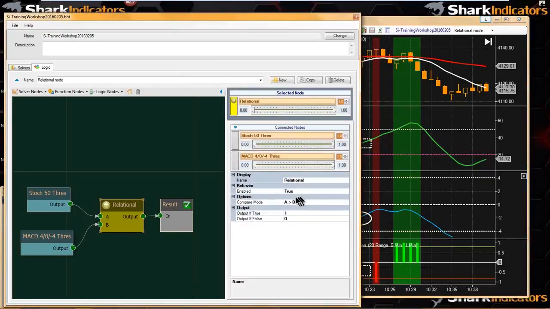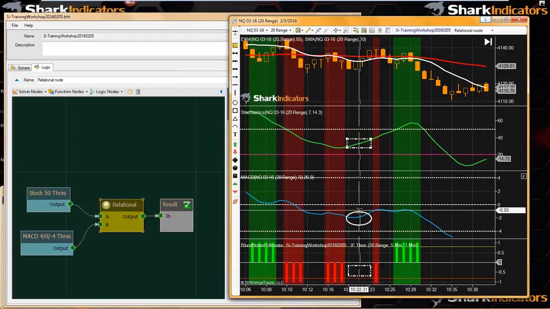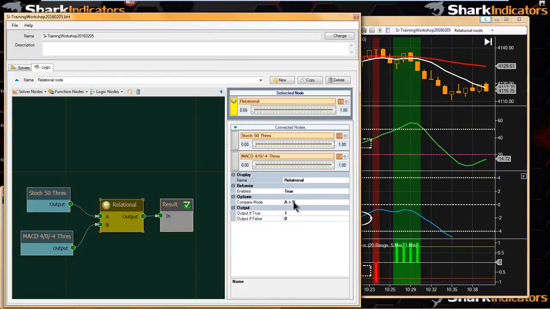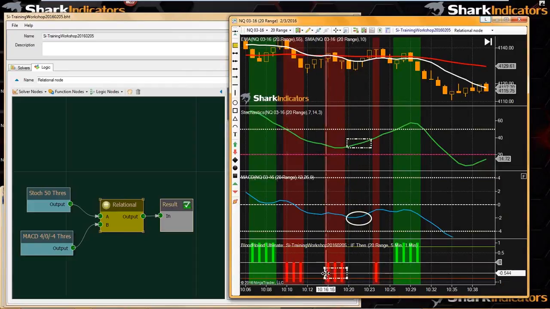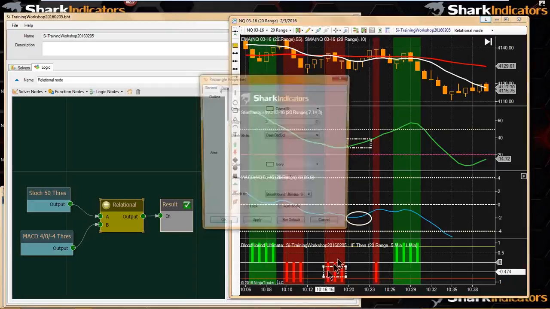In this area that I marked, A is not greater than B, so there's no output. There's only an output when this statement is true. When A is greater than B, when that's true, we get an output. We can see on our outputs it says output if true. That's when we're getting these outputs here.